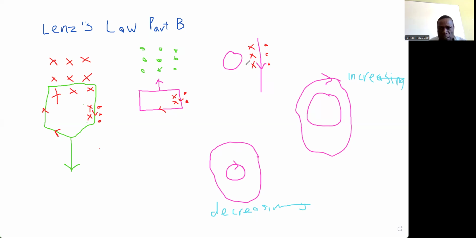If this is an increase, the field inside the coil, let me use this side, will be opposite because there's an increase. When you switch on, let me write on here, just in case you forget what we are talking about. Switching on, so it will be opposite inside because there's an increase, so outside will be the same.